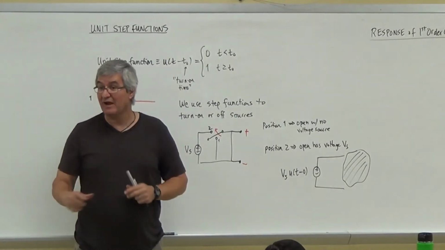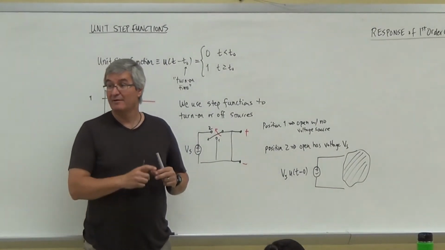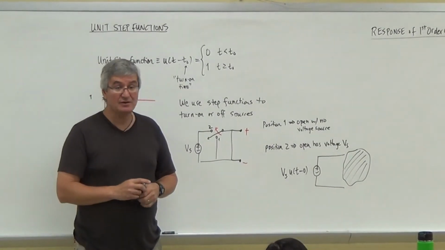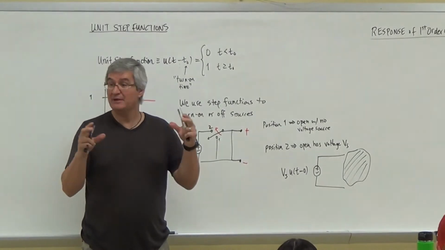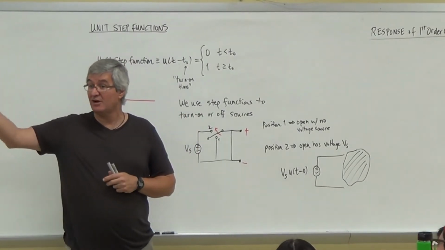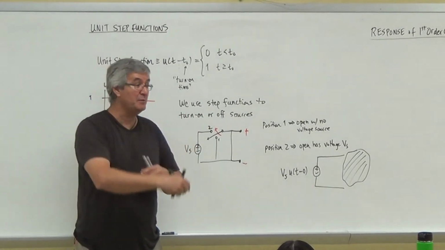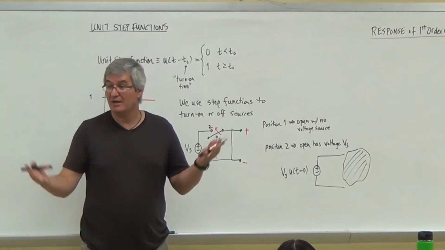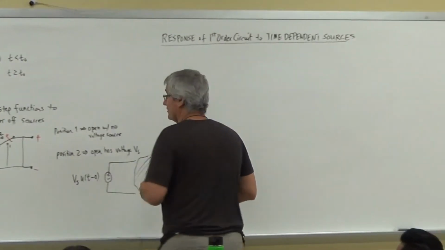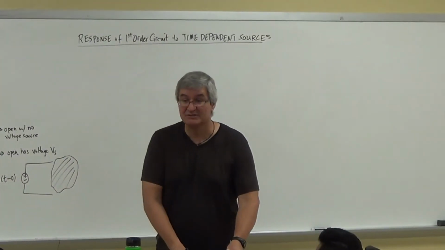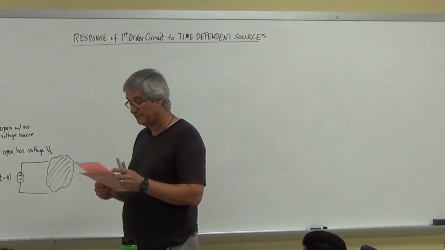If it's a constant value, then you do the other one. But if it's time-dependent, you can't use that other stuff. Some of you are going to try to use the constant value for the time-dependent source, and I'm going like, you can't do that. It's a different process altogether here.